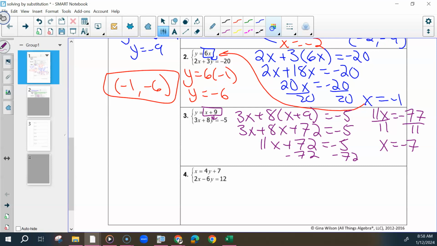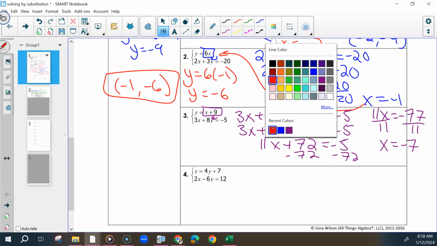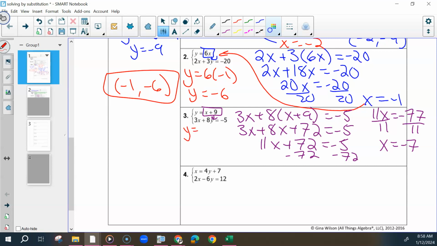And then take that, put it back into the other equation to find y. So that the y value is 2. And we would write negative 7.